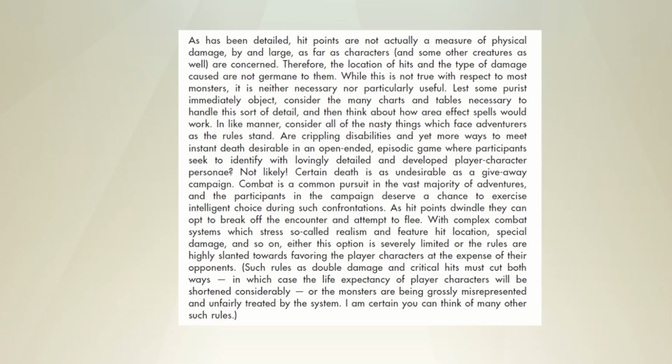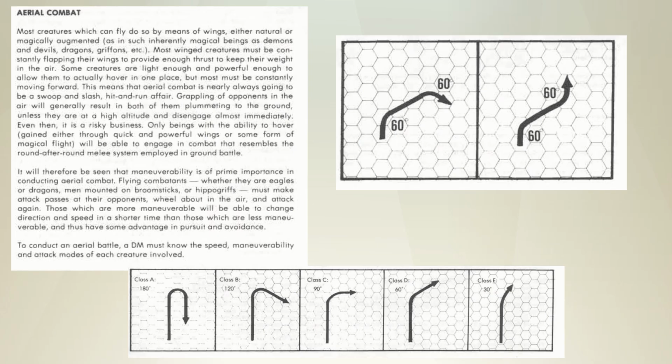I knew that this book was going to be weird, and there was some weirdness that I already expected, and aerial combat was not one of them. When I was originally reading through it, I started sharing posts on Twitter, like, hey, I'm reading through the AD&D DMG, here's some stuff. I said, like, taxes, that's weird.